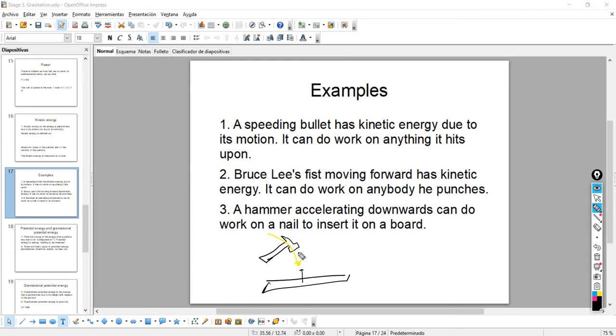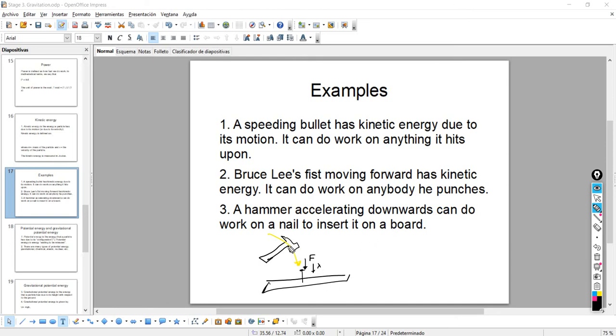And therefore, since it has kinetic energy, at the moment it hits the nail, then it can do work on the nail. What is work? Is applying a force on the, in this case, in the tip of the nail. It's going to apply a force over a certain displacement, right? It's going to drive the nail downwards and it's going to insert it on the board.